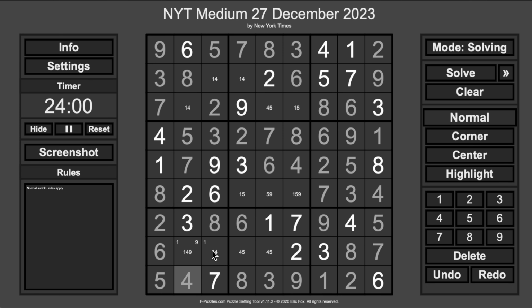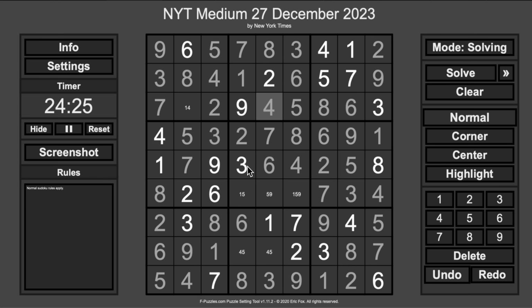4, 1. That's a 9, and we've broken the puzzle at this point. And I'm typing too fast.